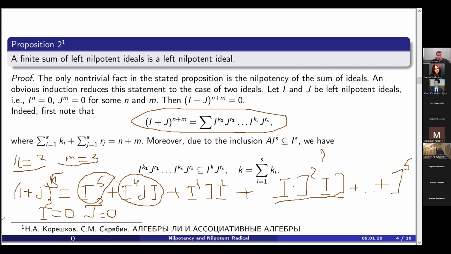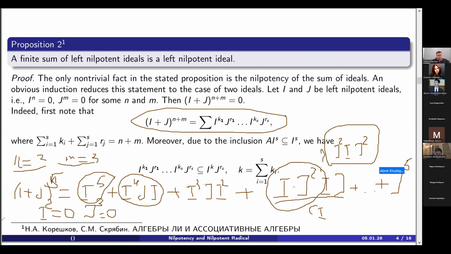We use that I is an ideal: I multiplied by something, J or J squared, belongs to I. Then I squared equals 0. Similarly, you will use that J is an ideal, and J to the power 3 equals 0. That's why all elements are equal to 0.